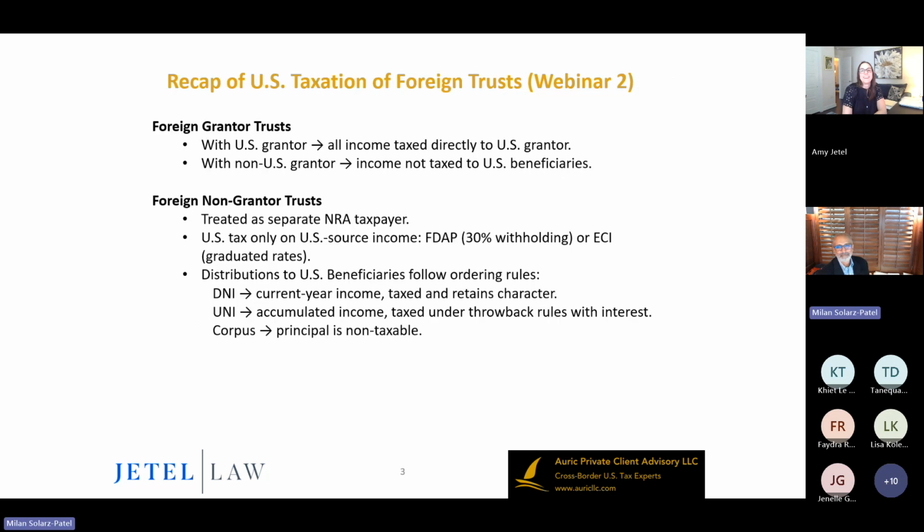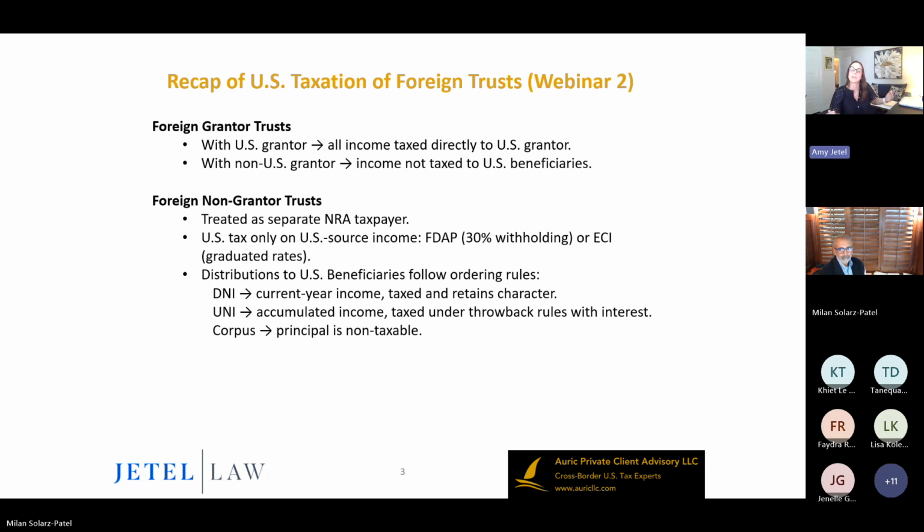Recap of webinar 2 was the taxation of foreign trusts. So we went through how foreign grantor trusts are taxed with either a U.S. owner or a non-U.S. owner, and then got a little more in depth about how foreign non-grantor trusts are taxed.